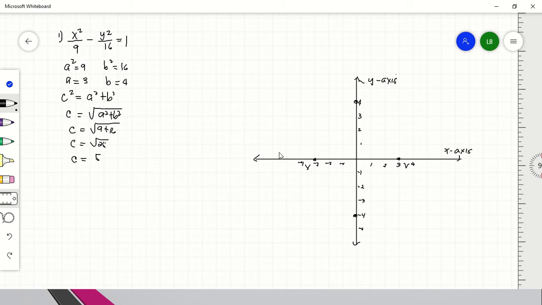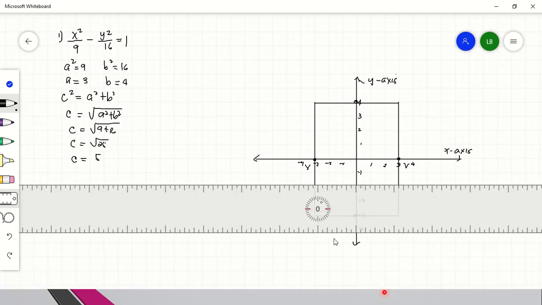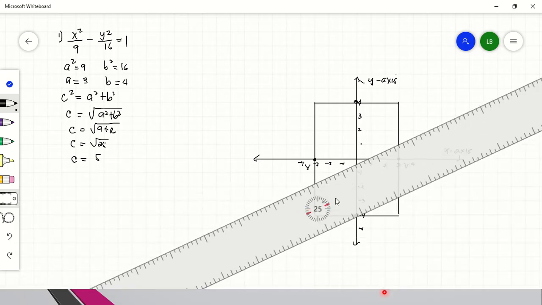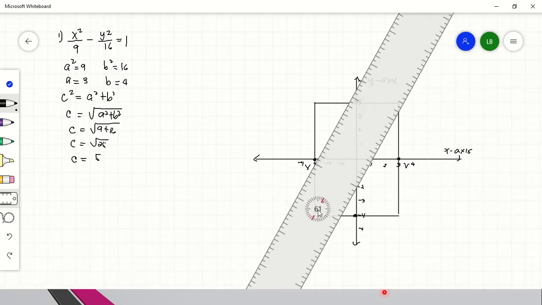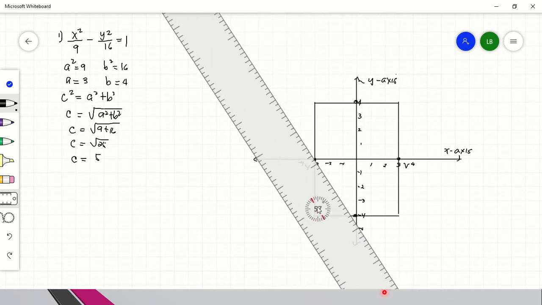And then we can draw an auxiliary rectangle. So, dumaan yung ating auxiliary rectangle sa ating co-vertices and vertices. Then, we will draw a diagonal of the rectangle.